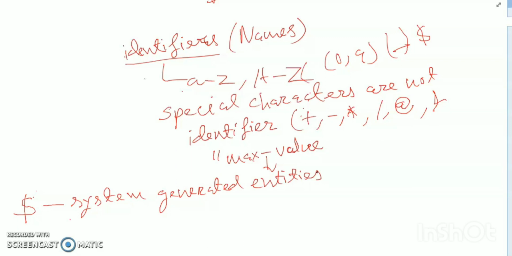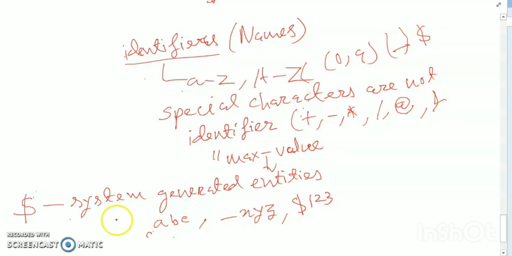Okay, so this is the case sensitive. Examples, ABC, XYZ, these are valid identifiers. You can write ABC, dollar ABC, underscore XYZ, dollar 123.